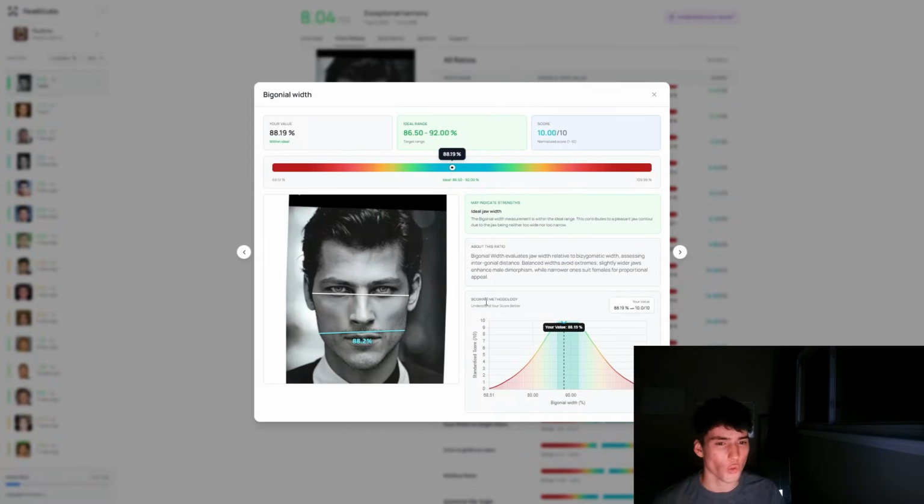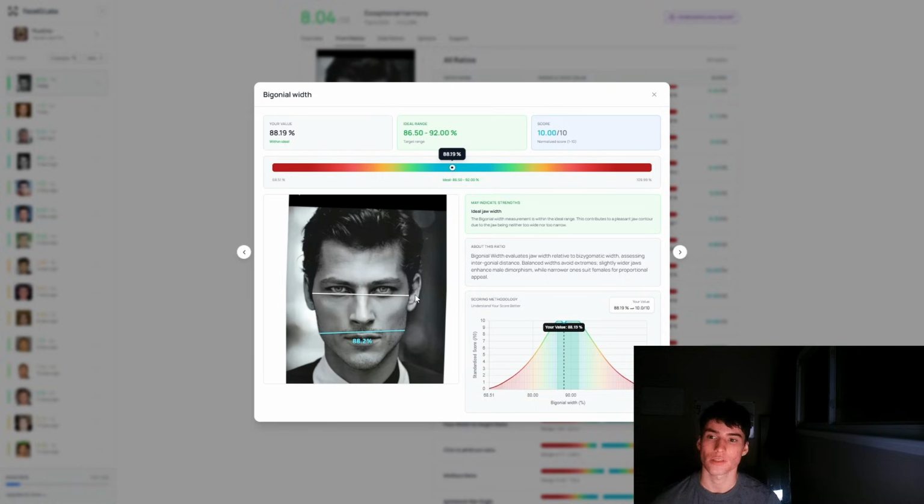Perfect. So his bigonial width, yeah, ideal, very perfect. It makes up 88%, right around his masseters comparatively to his zygos. I think the most optimal would be right in the middle of this range.